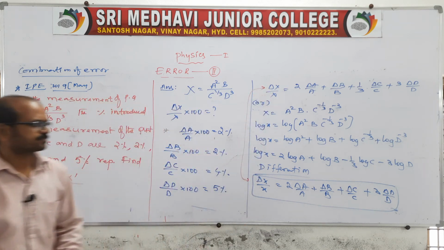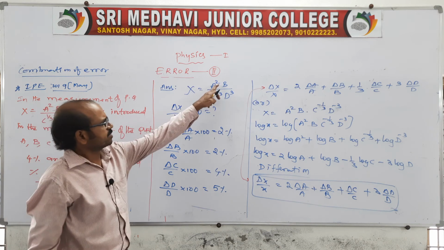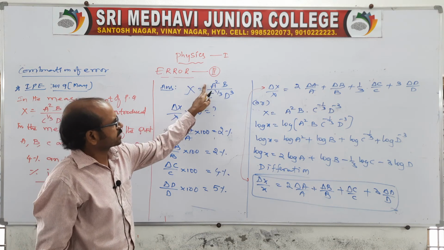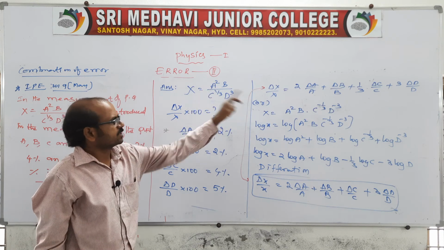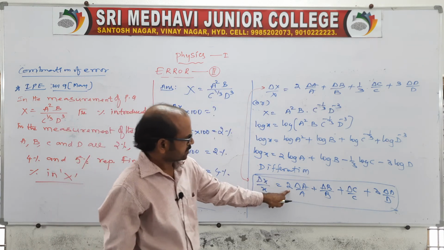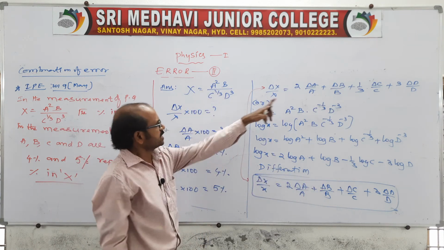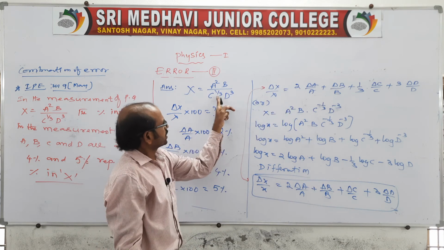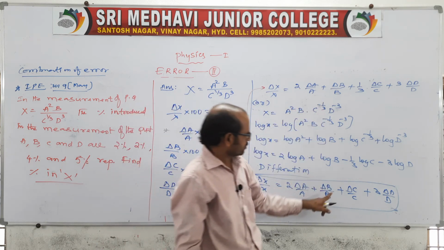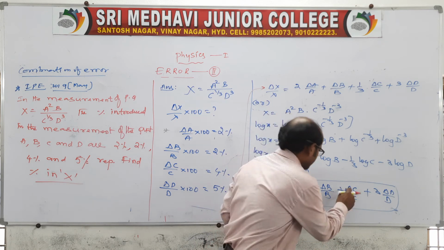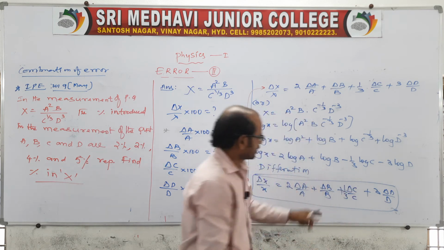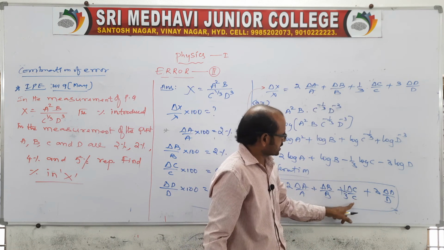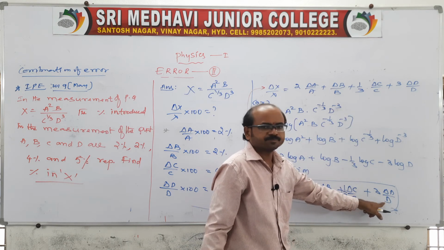We can take it directly like this. Whatever the powers are there, you take them in front of the physical quantity: 2 into delta a by a, plus delta b by b, plus 1 by 3 delta c by c, plus 3 delta d by d.